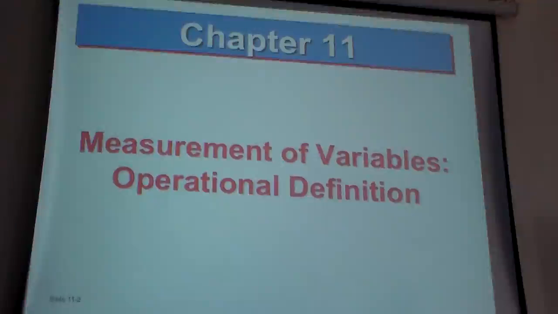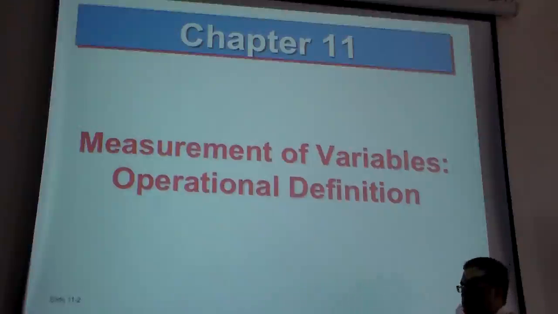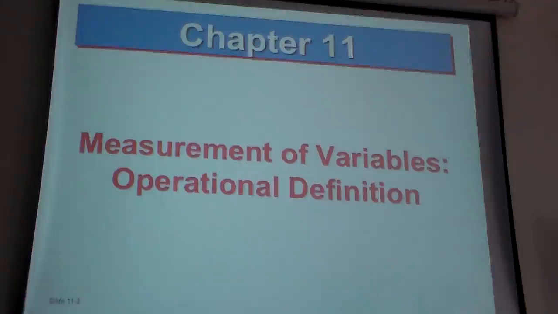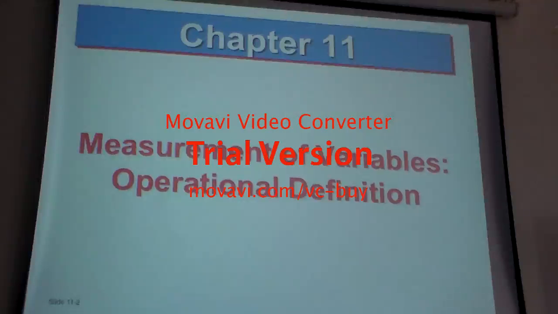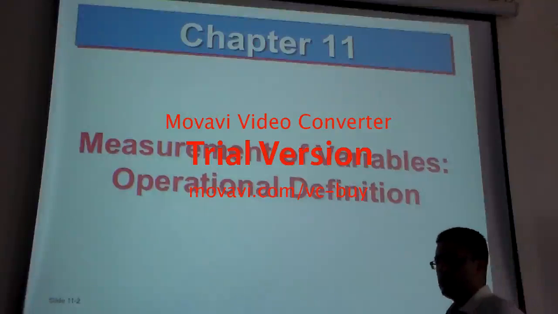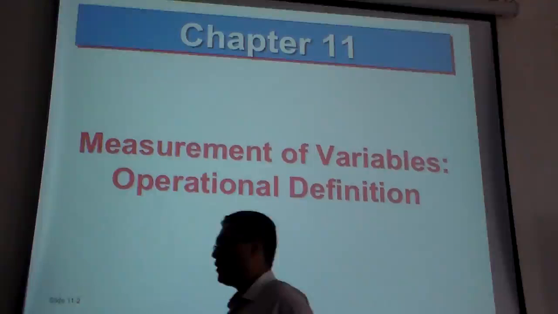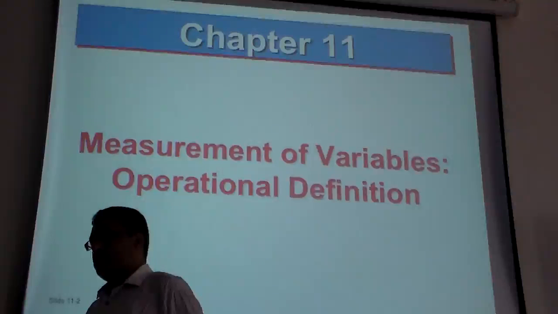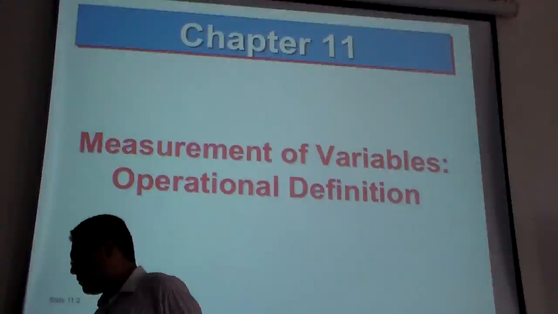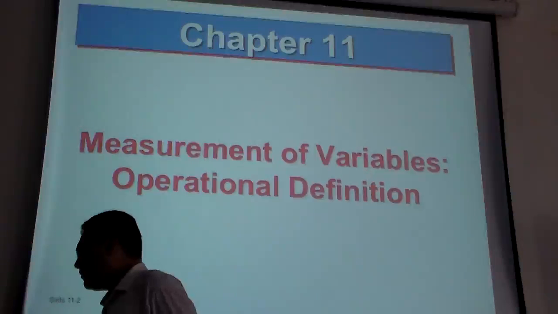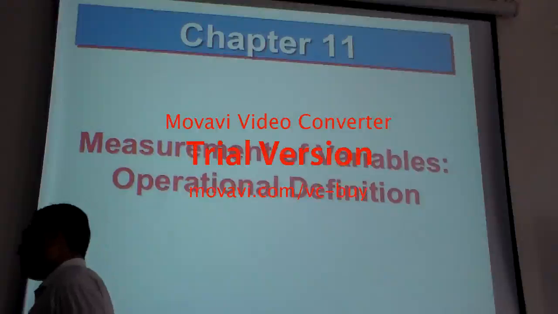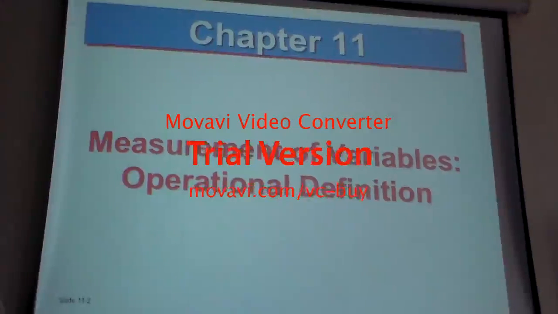I think in lecture 3 we talked about types of variables: dependent variables, independent variables, mediating variables. You remember? What are the types of variables? Dependent, independent, moderating, mediating.